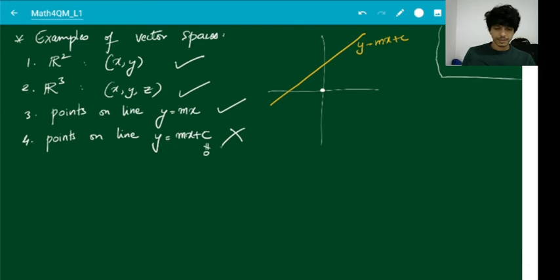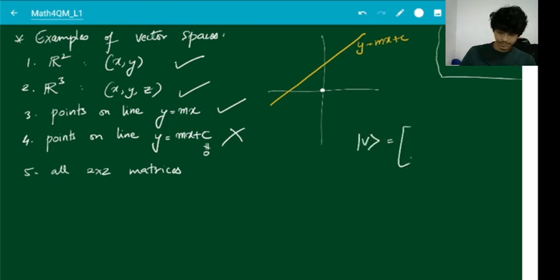Okay. Let's take a slightly more complicated example. All 2 cross 2 matrices. Do these form a vector space? So this vector V is some A1, B1, C1, D1.